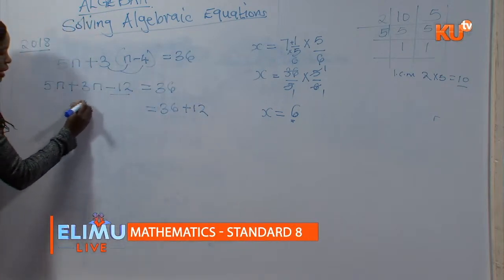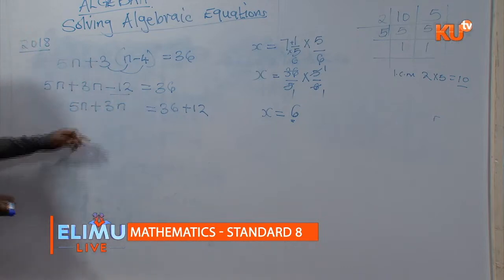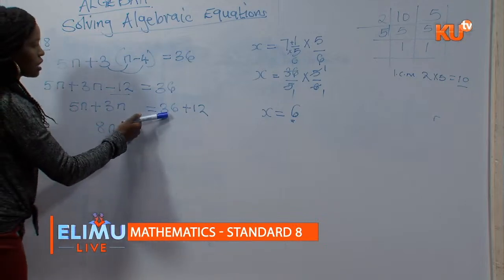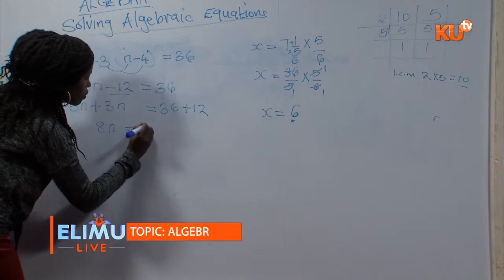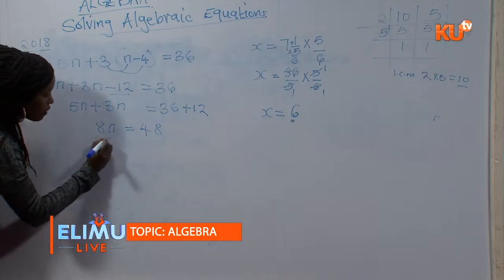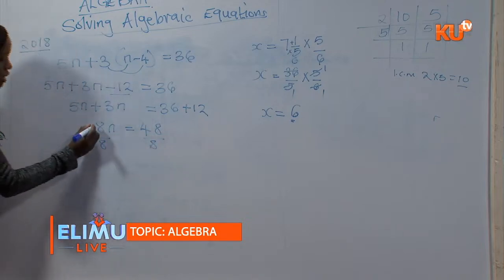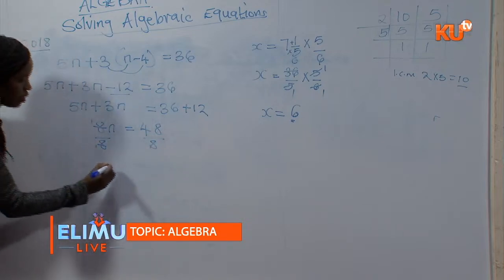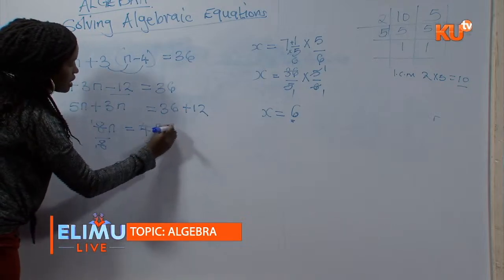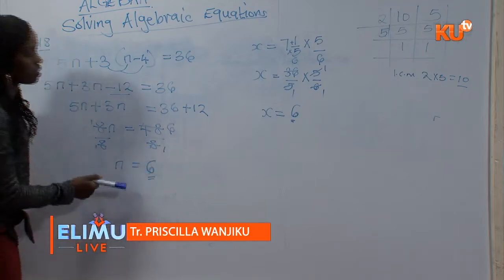So I have 5n plus 3n, we add this together, we get 8n is equal to 36 plus 12, we're going to have 48. To get the value of n, I divide by 8 on both sides, 8 by 8, 1, and 48 by 8, 6. So the value of our n is 6.